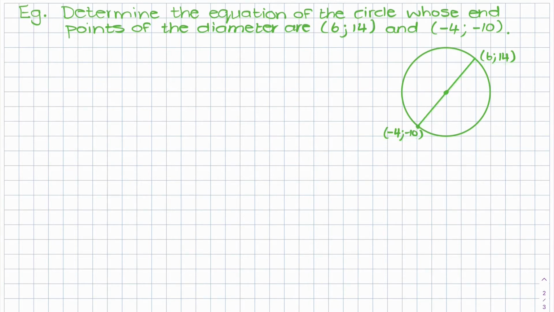But we know that the midpoint of the diameter will be the center of the circle. So we can go and work out the center of the circle by working out the midpoint of those two values that we're given as coordinates. We can just substitute the values in.